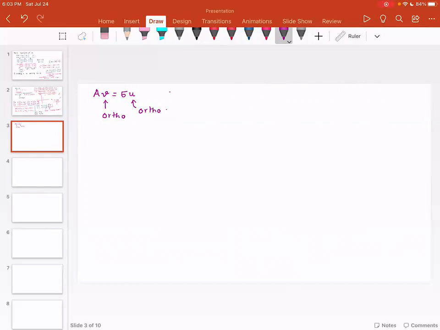So this problem is applicable to square and rectangular matrices. Now, some of you may raise this question: what happens if matrix A in this case is square?